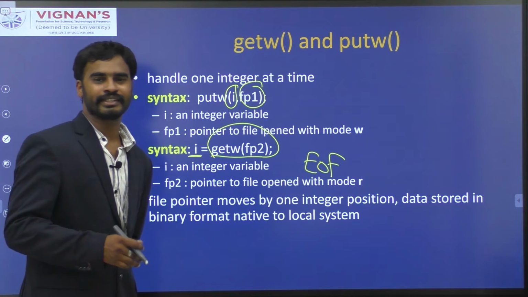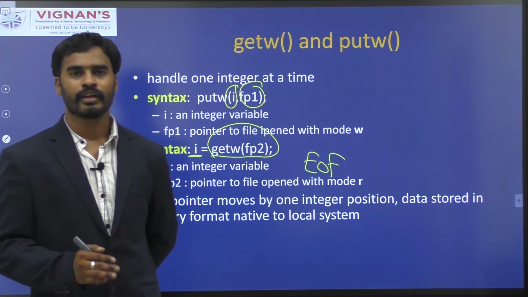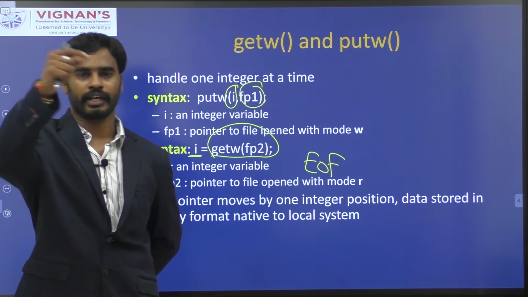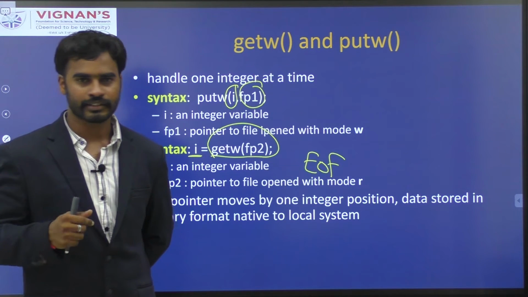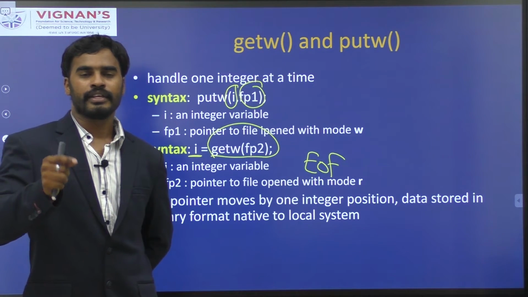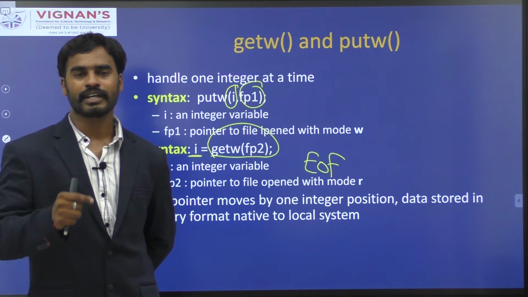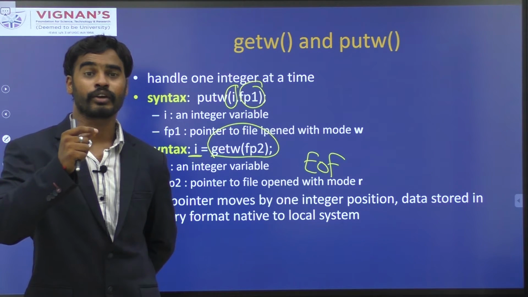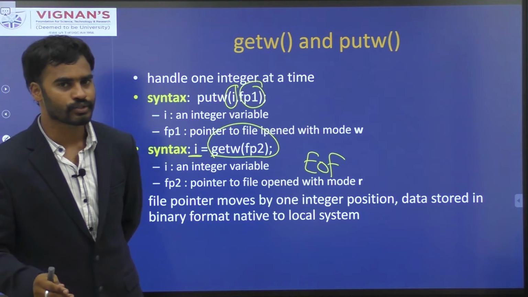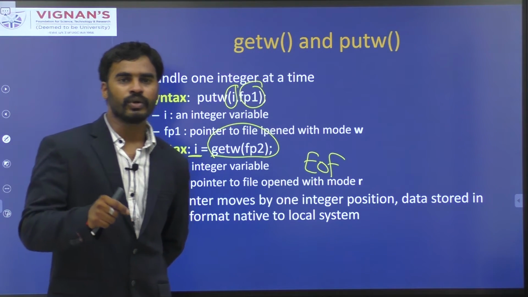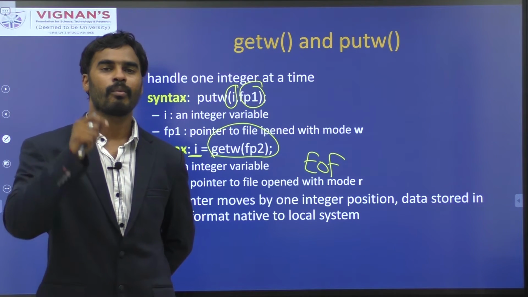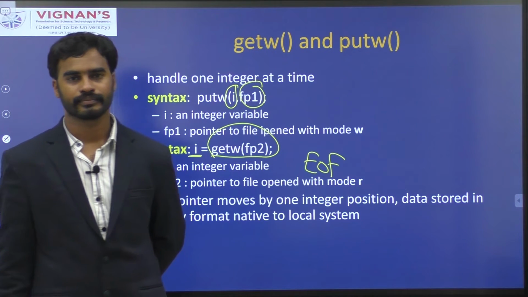When you are working with getw and putw, the file pointer moves one integer position at a time. For example, if the size of an integer is 4 bytes, these functions will make your file pointer move 4 bytes at a time. If the size of an integer is 2 bytes, they will make your file pointer move 2 bytes at a time.